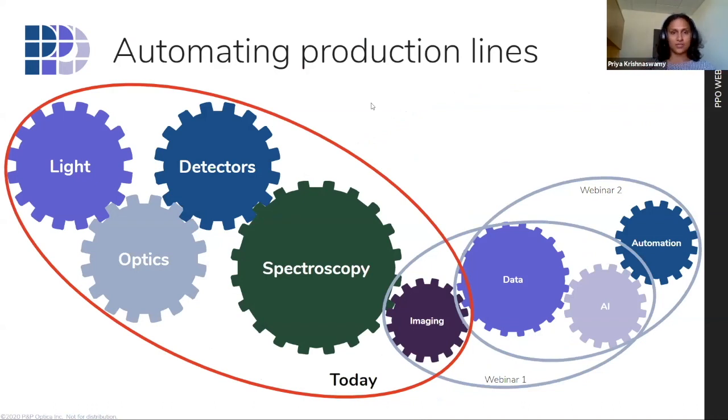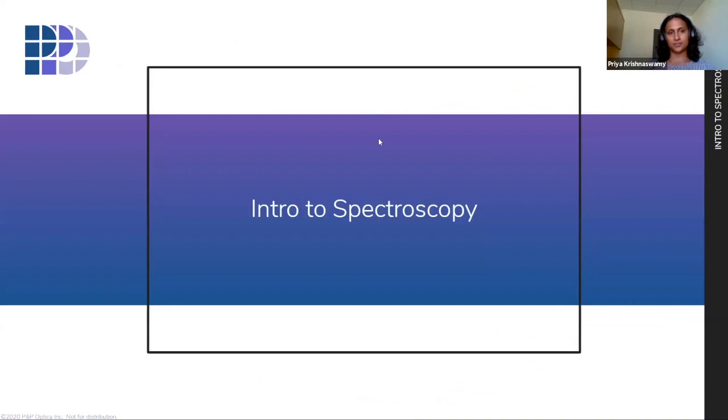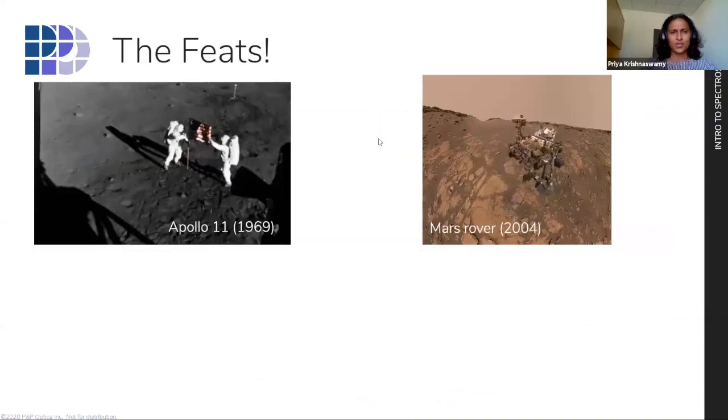So let's start with the introduction to spectroscopy. The two images you see here need no introduction. They question the limitations that we have, and at the same time, they raise questions about the limitations on manned and unmanned missions.